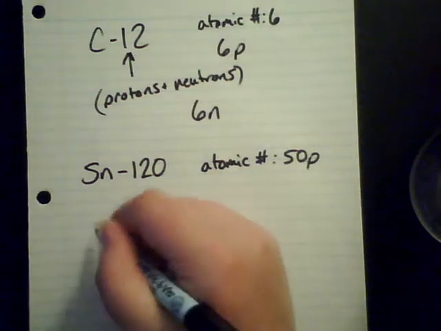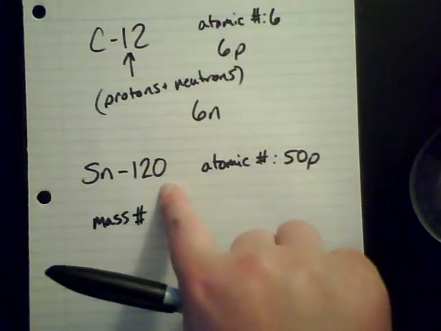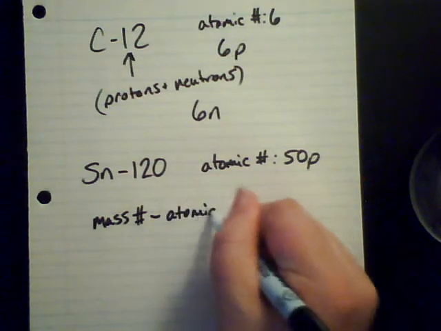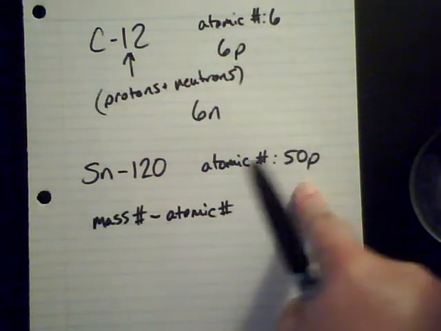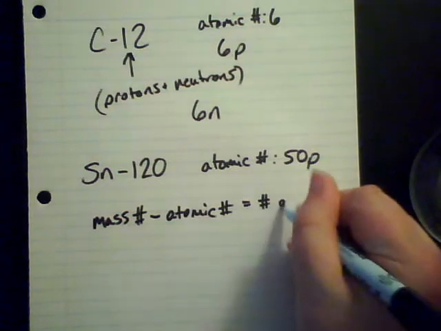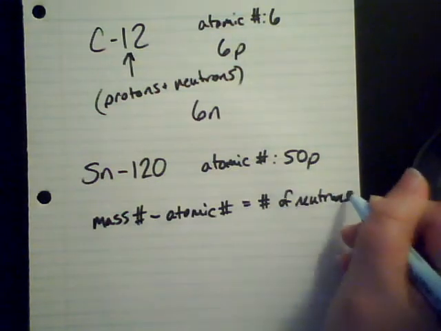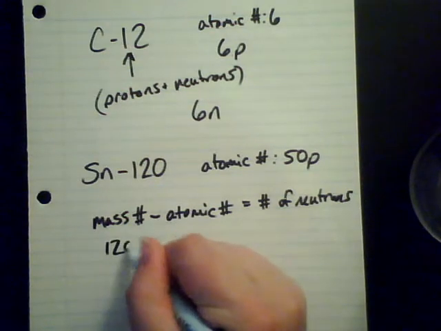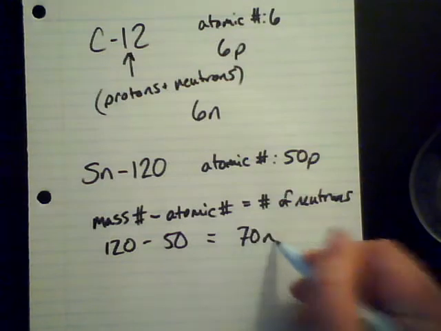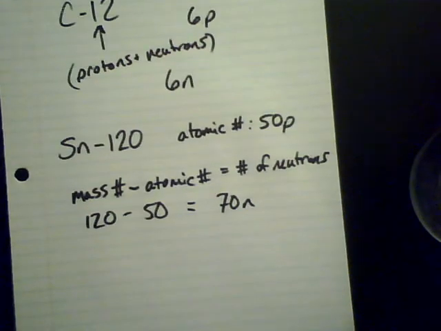Our method again is we take the mass number, that's this number here, and subtract from it the atomic number, that's the one that we get from the periodic table, and that will give us the number of neutrons. So if I take in this case my 120 and subtract my 50, then that will give me 70 neutrons. Okay, so in that particular atom of tin, I have 70 neutrons.